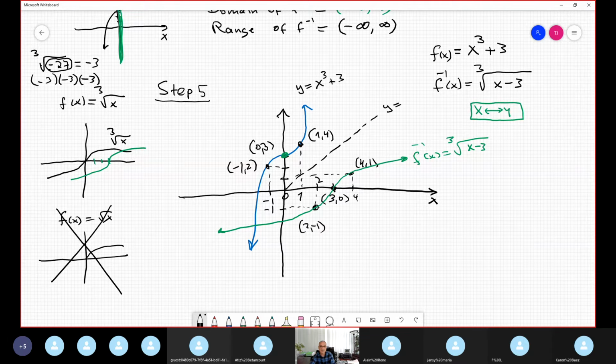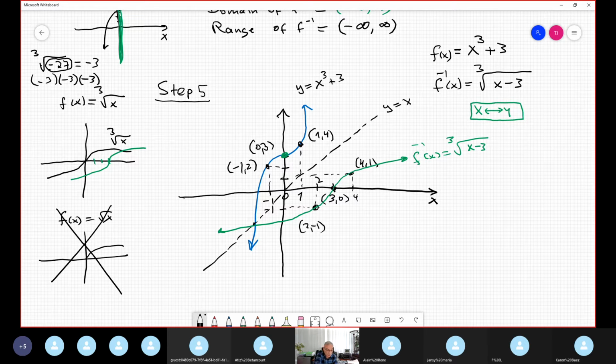This represents the identity function. So this is a super important property. The graph of the inverse is symmetric with respect to the line y equal x with respect to the original function.